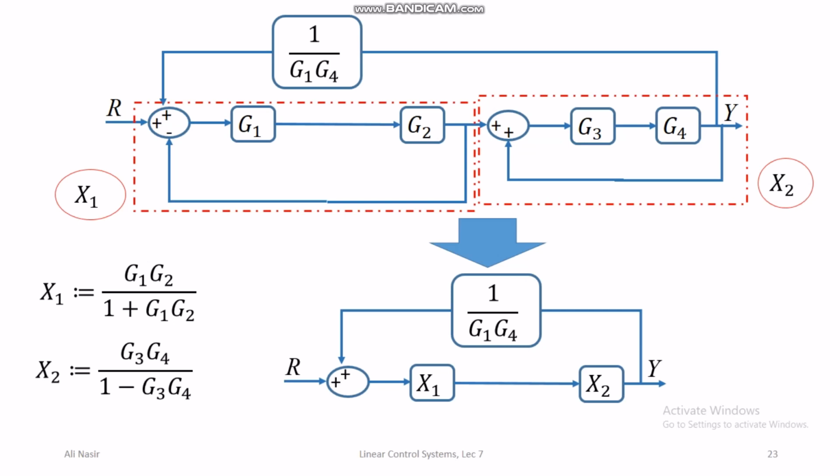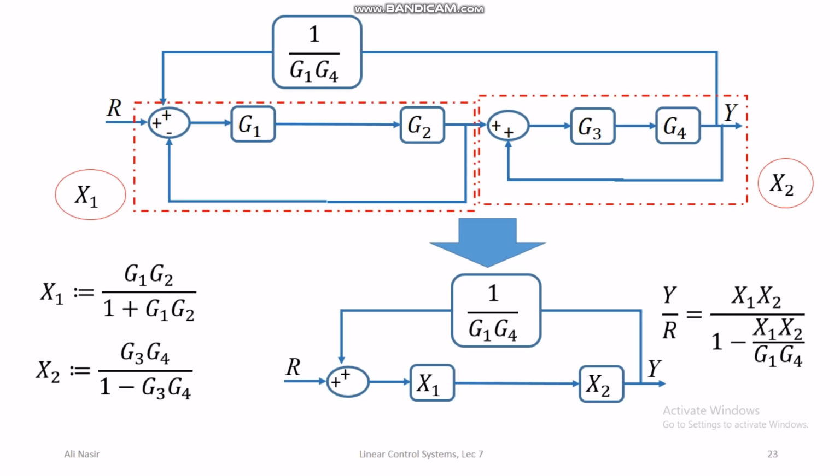So now we can basically calculate the transfer function between r and y, which will be direct path divided by 1 minus loop gain. And if we do that, we get y over r equals x1 x2 divided by 1 minus x1 x2 over g1 g4. So this is the transfer function for the original block diagram that we simplified.